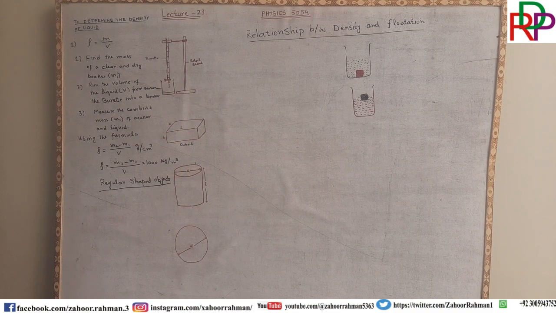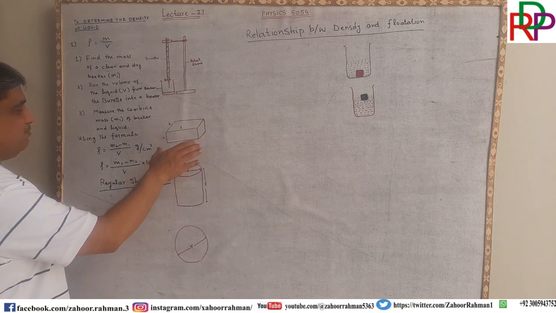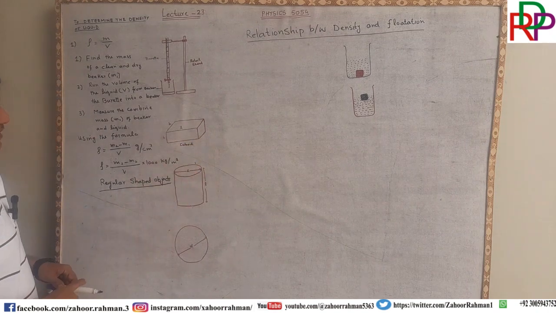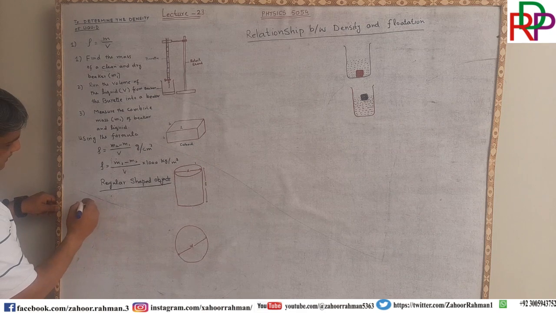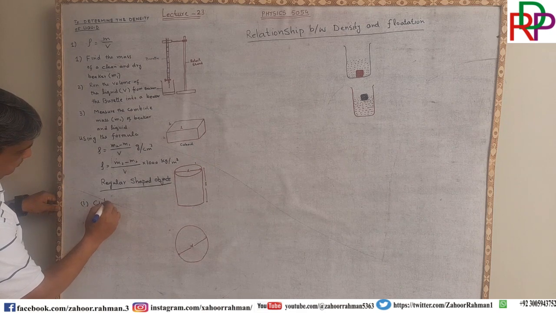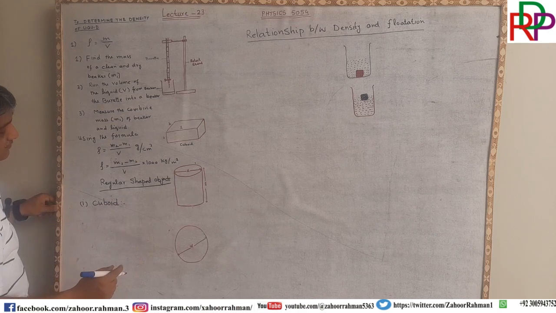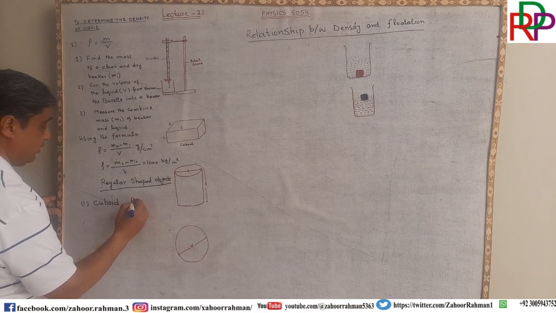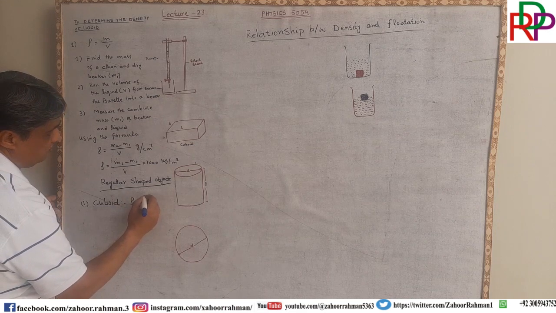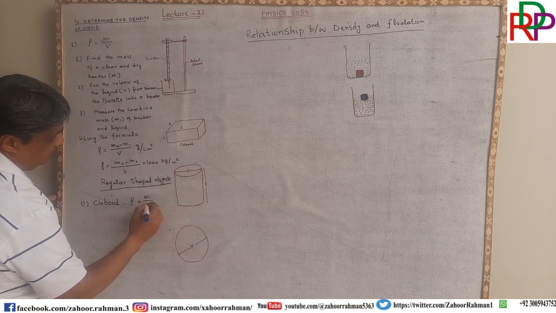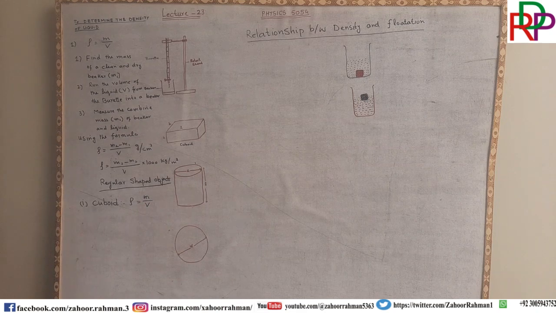So if we want to find the volume of this cuboid, this is a regular shape. So we have to use the formula rho is equal to m divided by v. How will we find the volume?